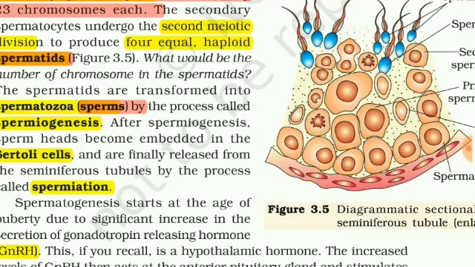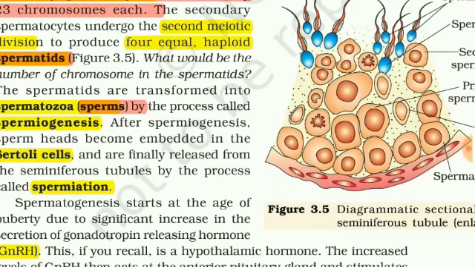Spermatozoon is nothing but sperm. These are all technical names: spermatogonium, primary spermatocytes, secondary spermatocytes, spermatid, then spermatozoon. Here Sertoli cells provide nutrition to the developing spermatid.